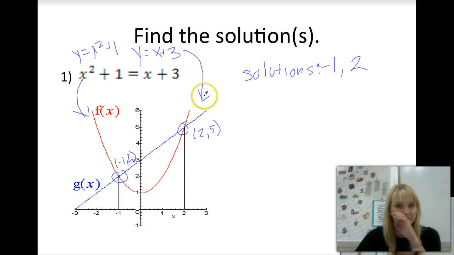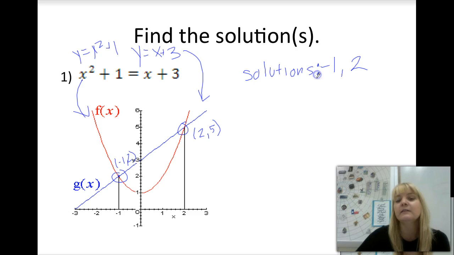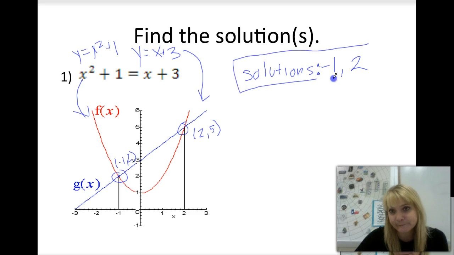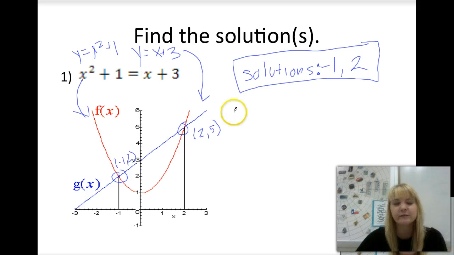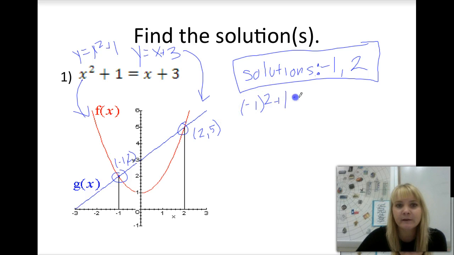Now, of course, some of these you can solve algebraically, but we want to take a look at solving them graphically. You can always check your solutions by substituting negative 1 in for x and then 2 in for x to make sure both sides give the same value. So we have negative 1 squared plus 1 equals negative 1 plus 3.